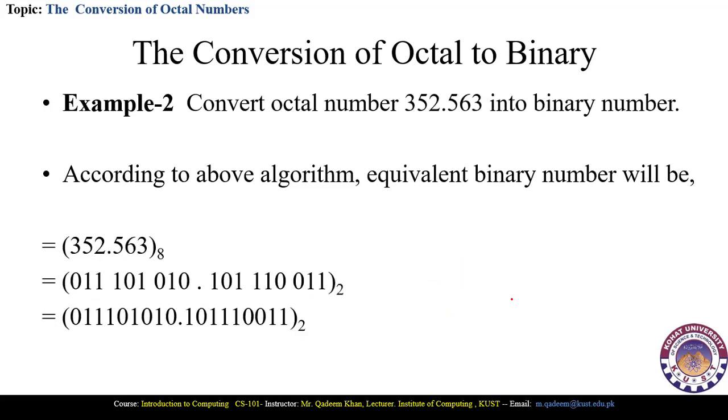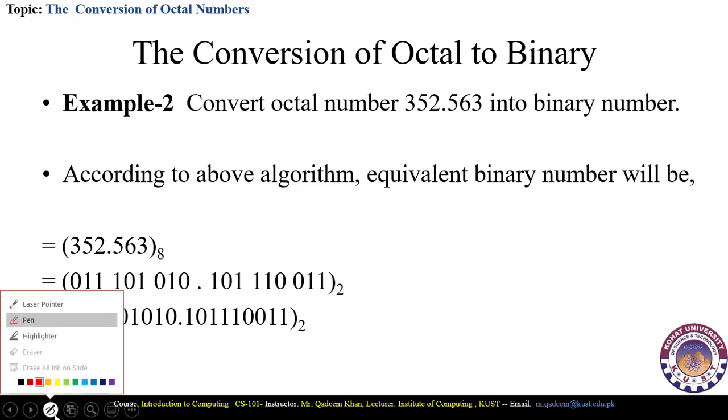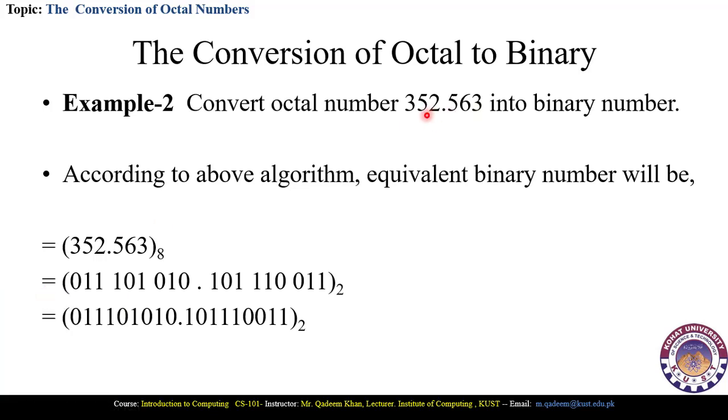Now here is another example where we will convert into binary. For example, if we have the value 352.563 in octal, we convert it into binary. According to that algorithm, we split this octal number into individual digits: 352 and 563.